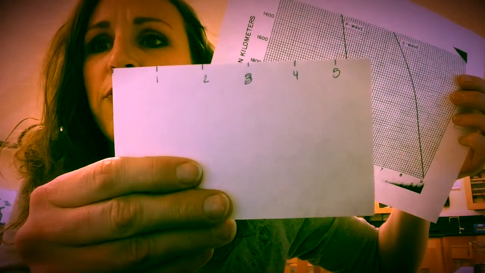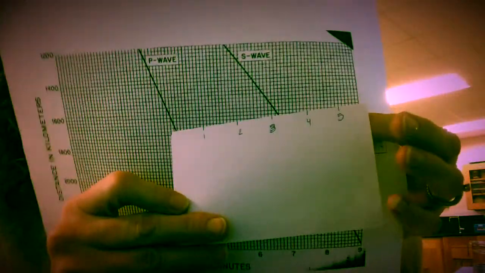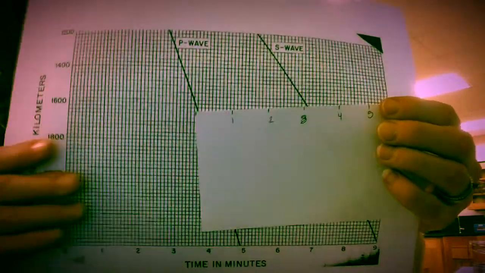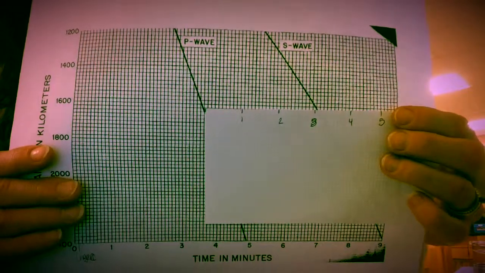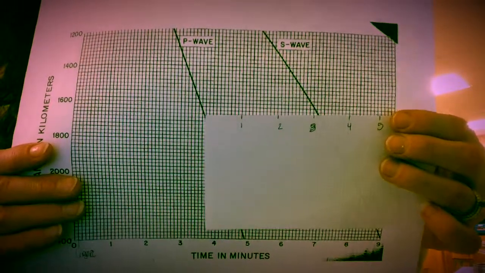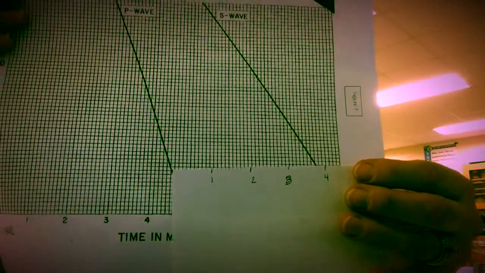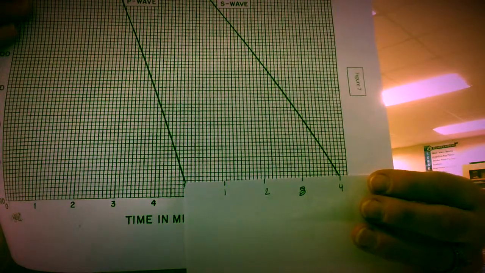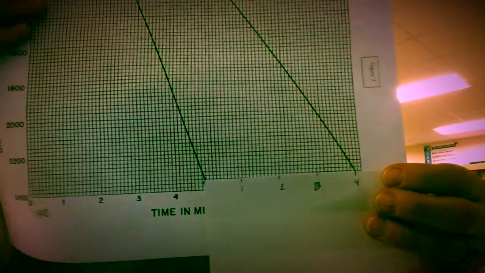So I want to find my number 4, and my 0 was right here. So you're going to take your little graph, and you're going to put your P wave line at 0. Okay, that's there. But my S wave line right now is at just past 3. So I'm going to bring this down until both the 0 and the 4 are intersecting lines. Do I have it? I think I've got it.